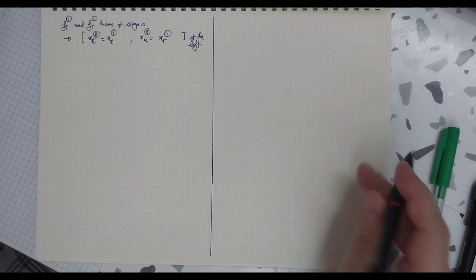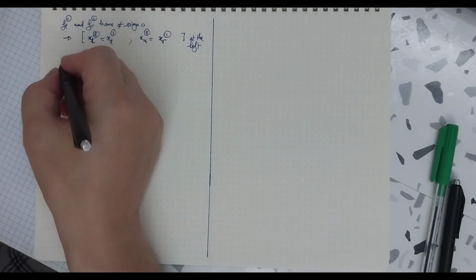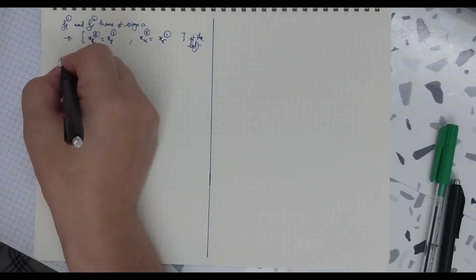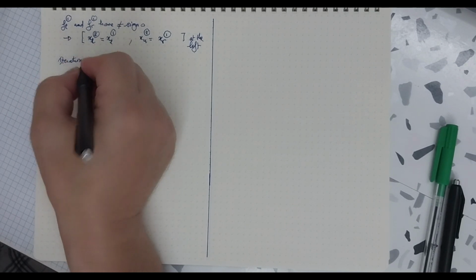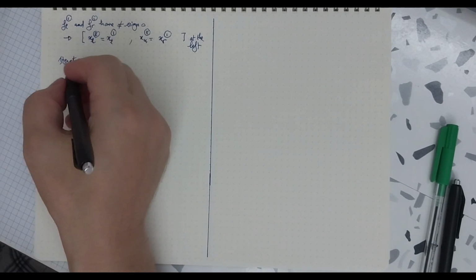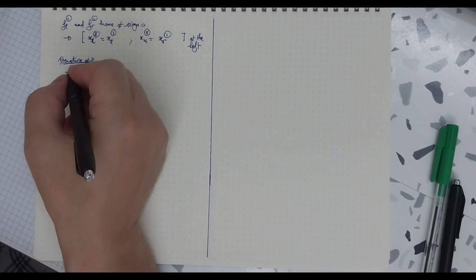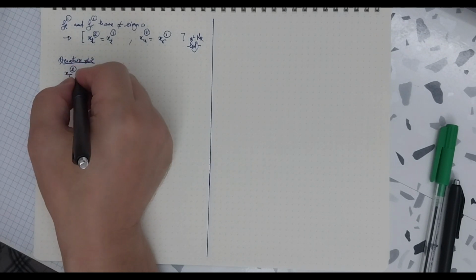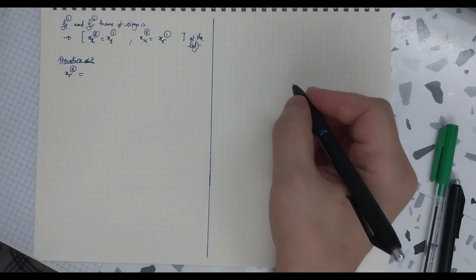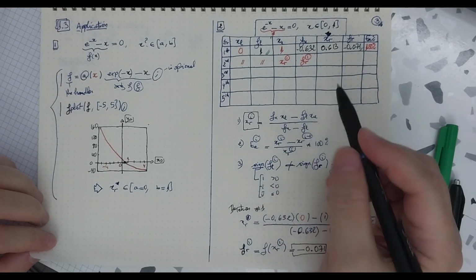Iteration number 2. XR2 equals the value of FU and FL.